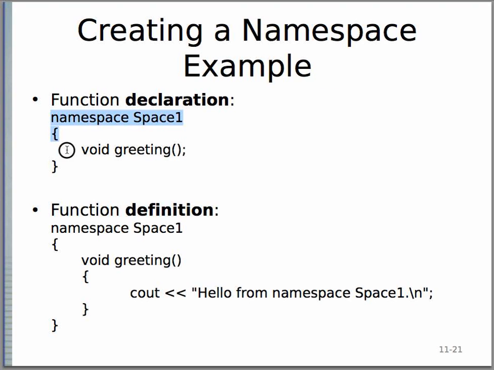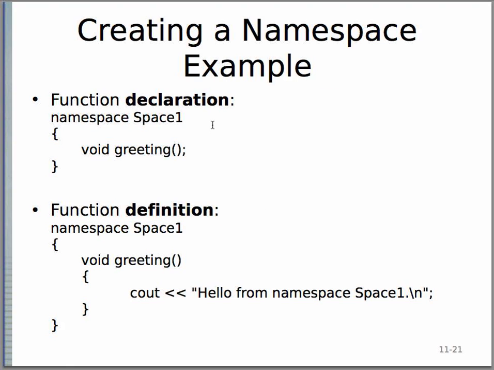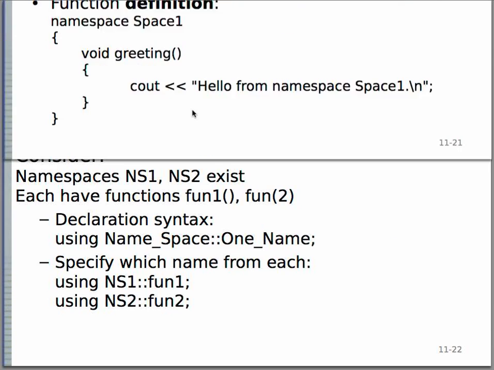You can have it somewhere, not give it a function body. Later on, you can say, okay, now I know what's going to go in that function. You use the same namespace, that's fine, and then give that function a function body later on. That's perfectly fine. The C++ compiler keeps track of all of the different parts of this one namespace. Not a problem.